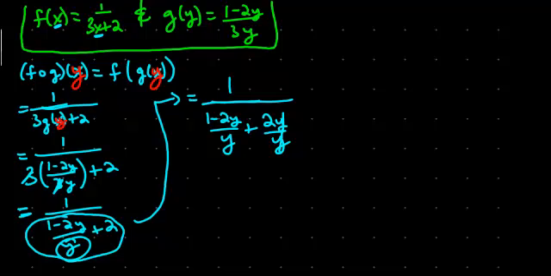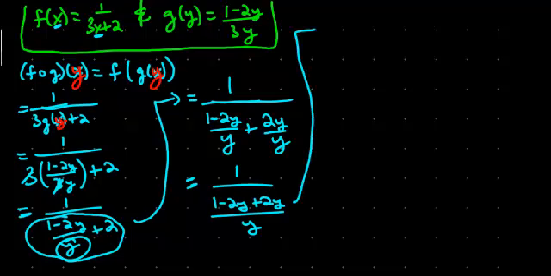I haven't changed anything. But I don't want to cancel them right now because I want to add the numerators. 1 over 1 minus 2y plus 2y over y. So that's going to be 1 over minus 2y and plus 2y, they cancel each other, so it's just 1 over y on the bottom.